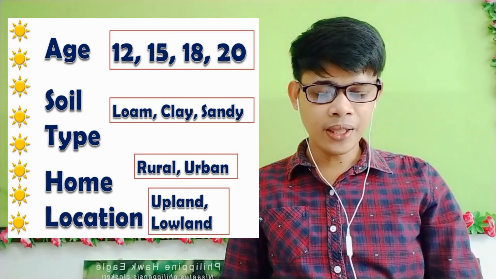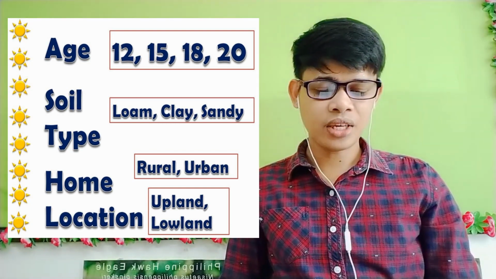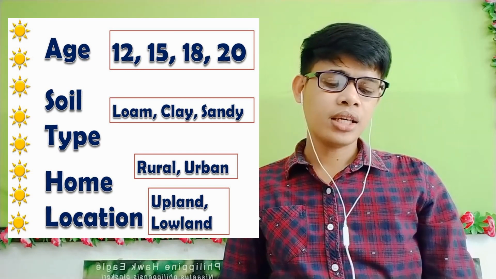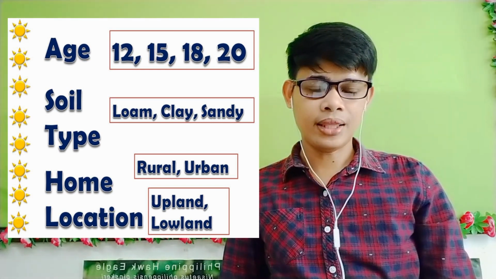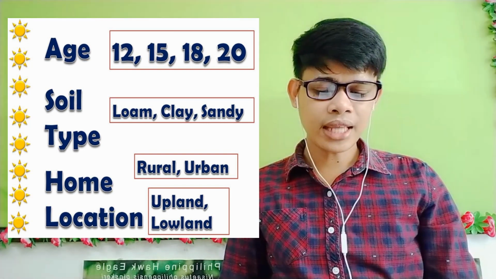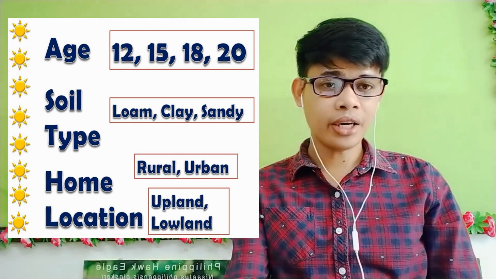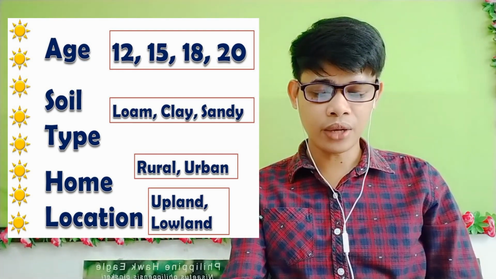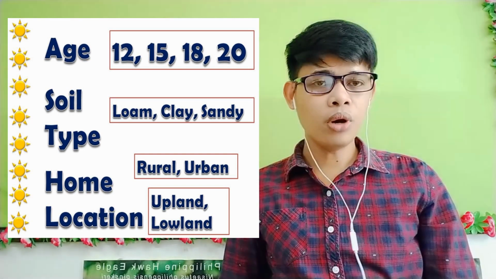Another variable provided here is soil type. Categories can be loam, clay, or sandy. So we have here 3 categories or values for soil type, and so it meets the requirement of the term variable because it has 2 or more values or categories. Another one here is home location.